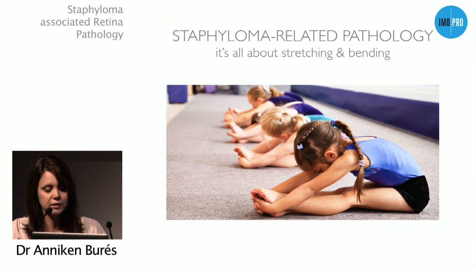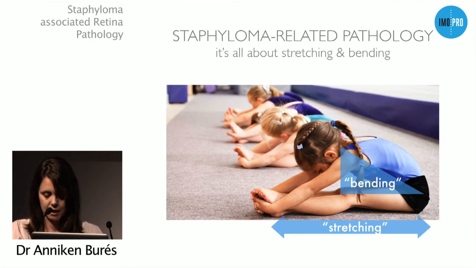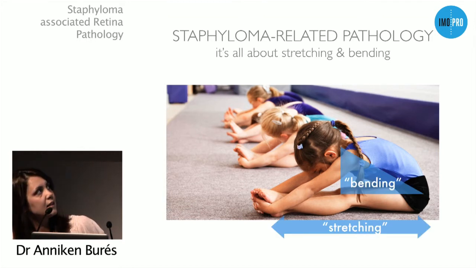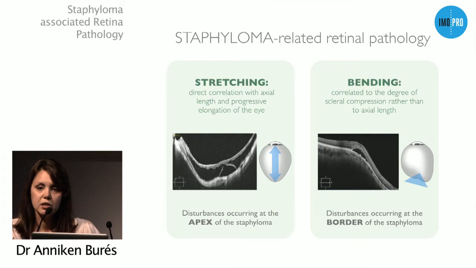So this is important because when it comes to staphyloma-related pathology, it's all about stretching and bending. As we mentioned, the progressive elongation of the eye creates tractional forces within the eye. The apex of the staphyloma is a place where this traction is at its maximum point and the stretching of the retina reaches its maximum intensity.